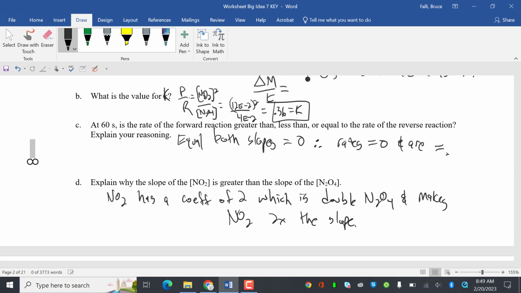Okay, so remember, you're going to have those coefficients that are going to mess you up a little bit.